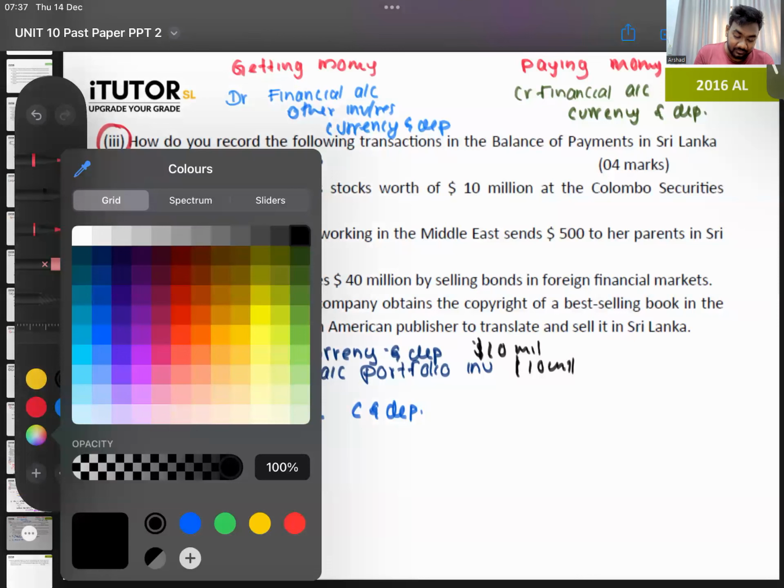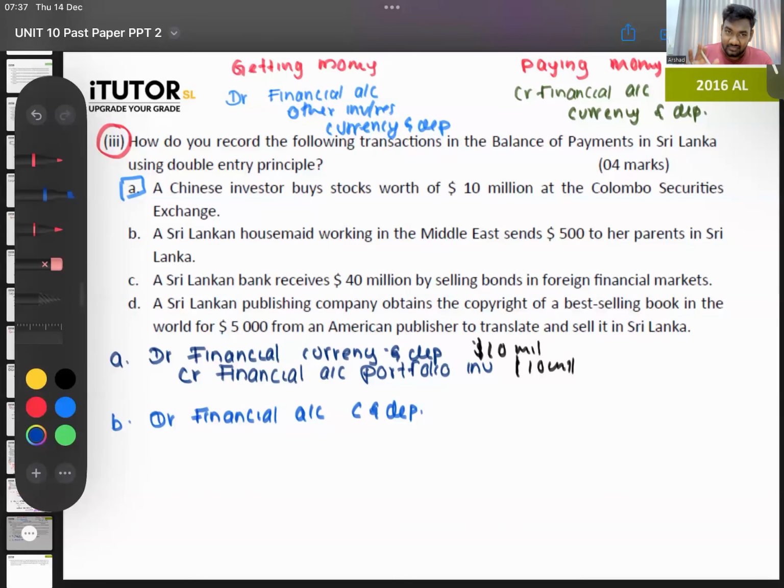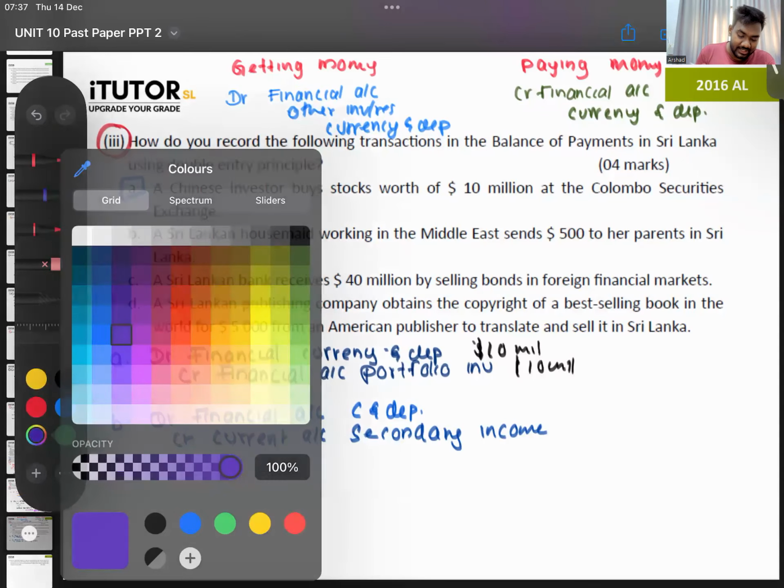So where does this go under? Secondary income. Remember, worker remittances. So this is credit current account, secondary. You can write the amount as well. Done.